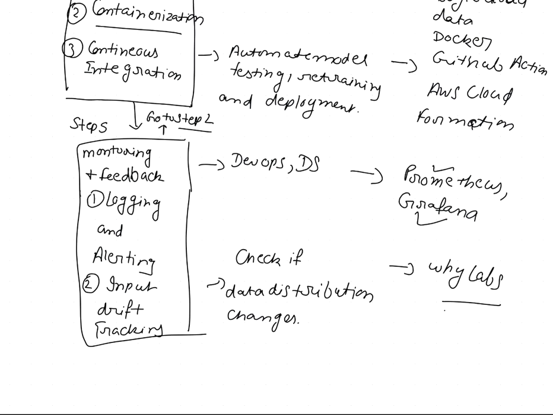Now, last but not the least, this is the one: performance drift. You can say performance check. Here you compare the current model accuracy to the past performance. Let's say your past model was performing at 90%, but now it dropped immediately to 75%.